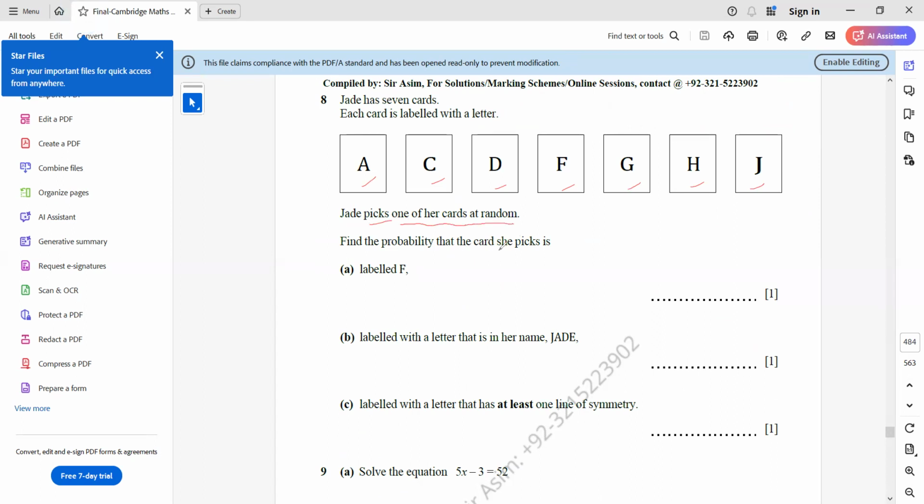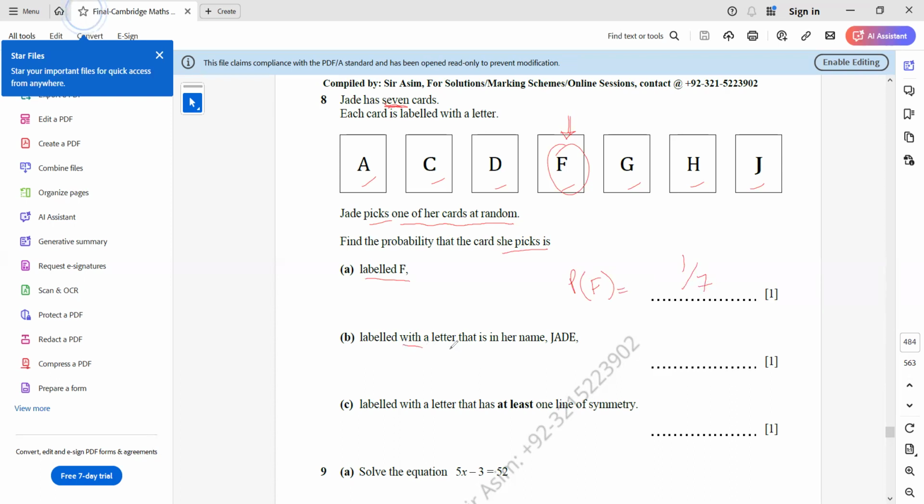Find the probability that the card she picks is labeled F. 1 over 7. Yes, 7 are the total cards, and we need to find the probability of finding F, which is occurring only once. So the probability of F is going to be 1 out of 7. Okay.